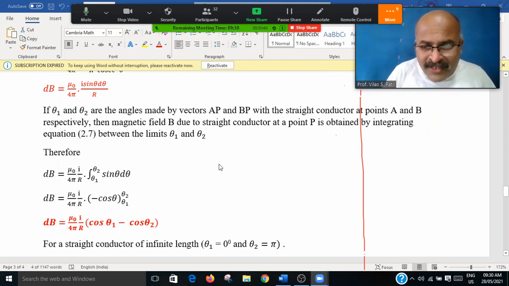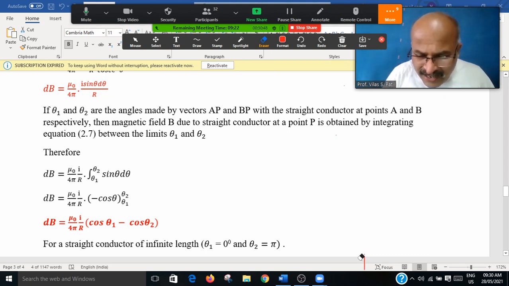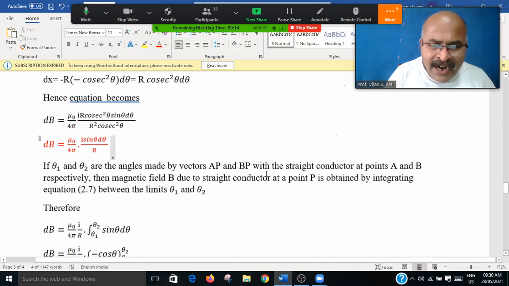Consider the length of the long and straight current carrying conductor, that is the conductor having an infinite length. If the conductor is of infinite length, just go back to the diagram.